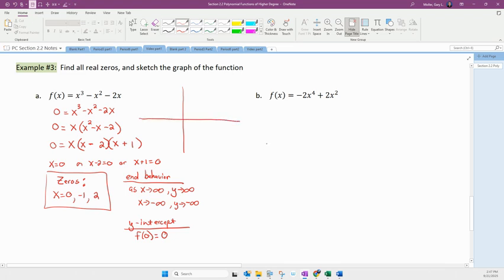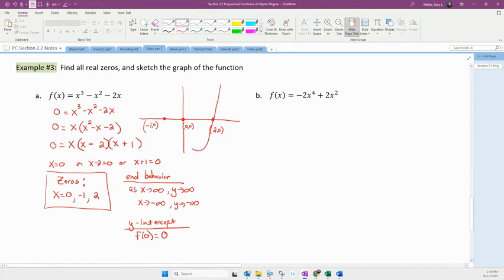All right, my zeros are at 0, at positive 2, and negative 1. So I'm going to label my zeros, label the y-intercept if it was separate, and then just make sure the rest of it matches what we know. So I know I'm starting going up.